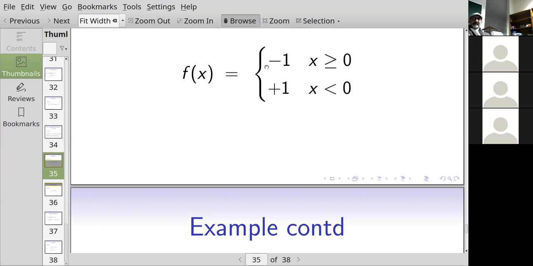I could say f is -1 for x greater than 0, +1 for x less than 0, and f at 0 is equal to 37, let's say. And that f at 0, just by itself, doesn't contribute anything. The technical answer is that a single point has measure 0, and it will not contribute anything. I get it, sir. Okay.